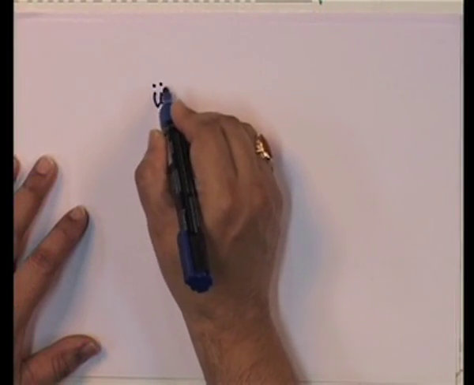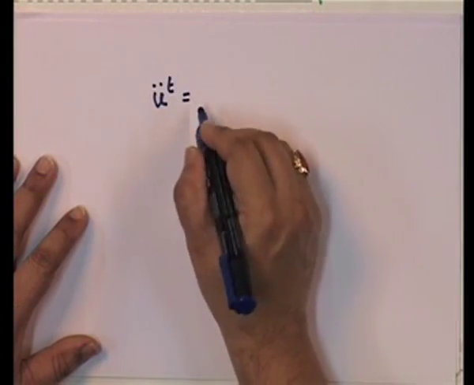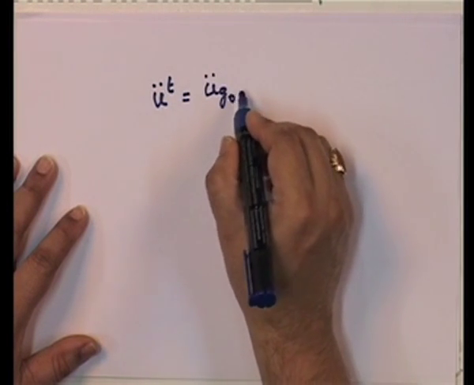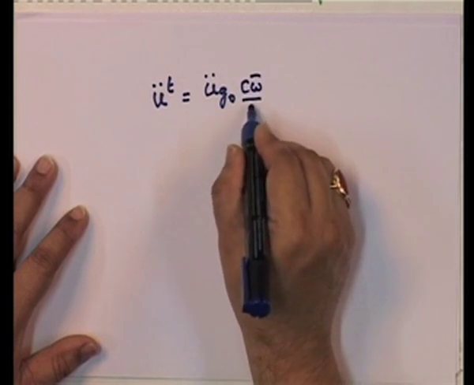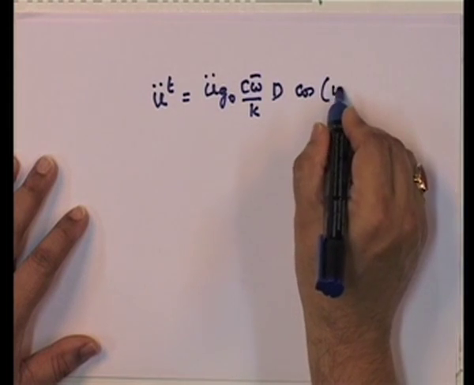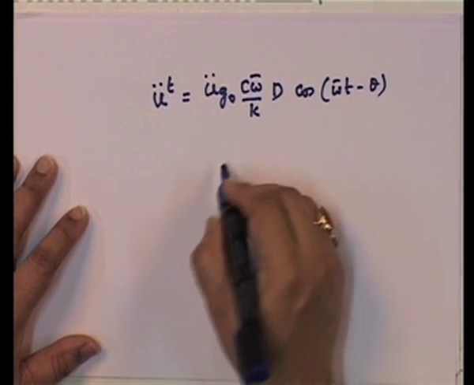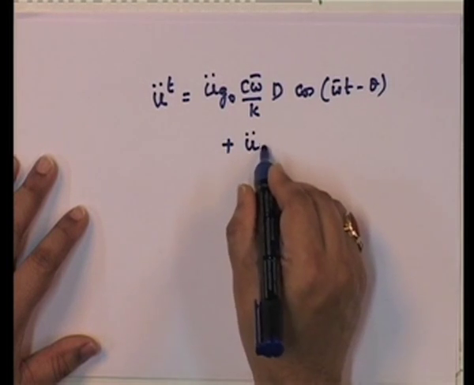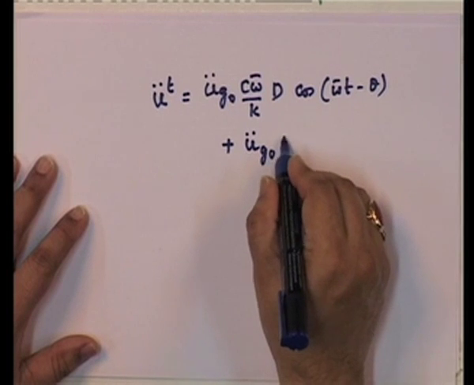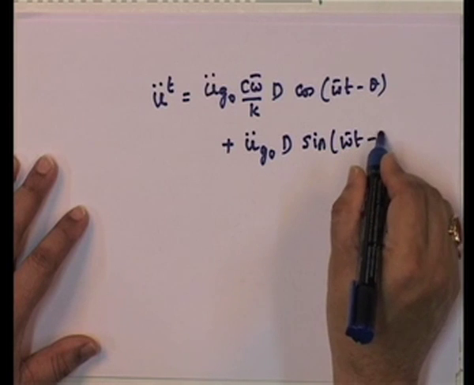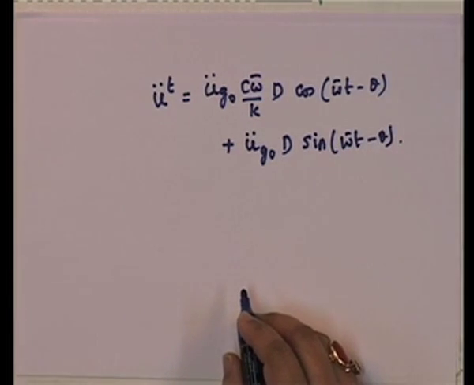So, the total time history turns out to be u double dot total is equal to u g 0 c omega upon k into d cosine omega d minus theta plus u double dot g d sin omega t minus theta.